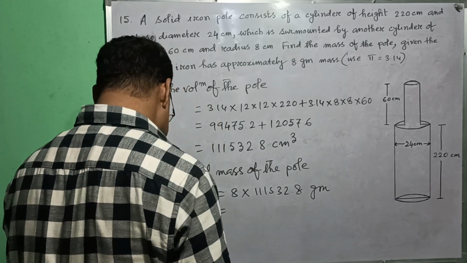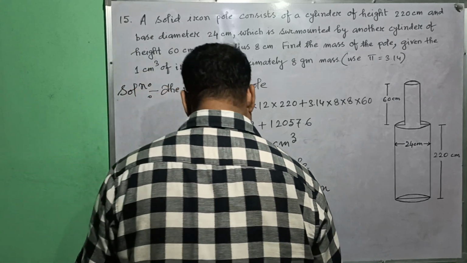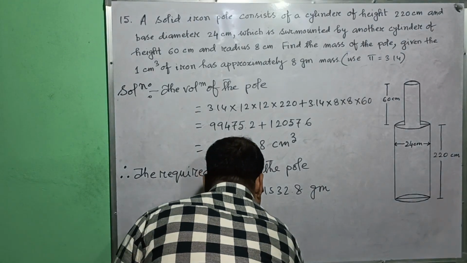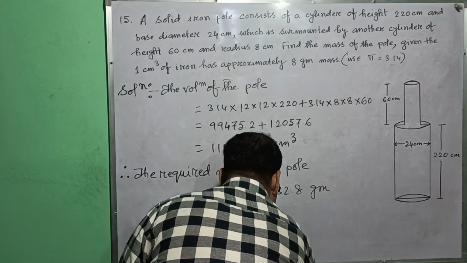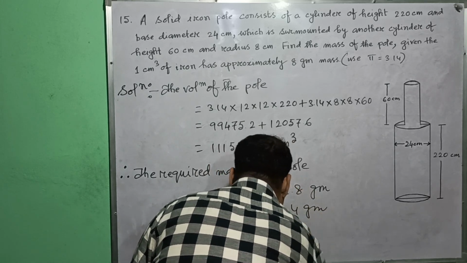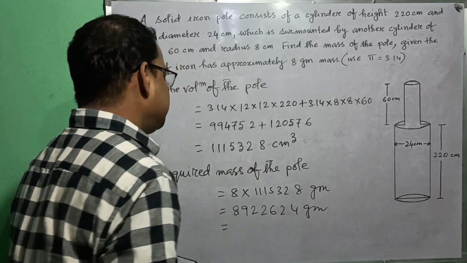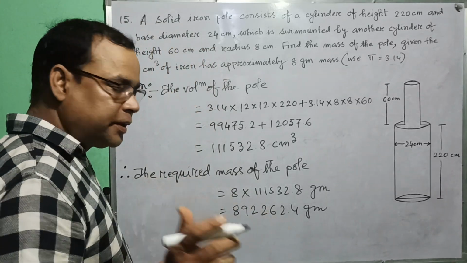If we multiply it by 8, it gives us 892262.4 gram, and let us convert it into kilogram. So we'll divide by 1000.